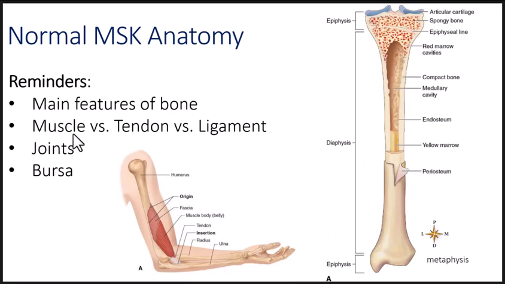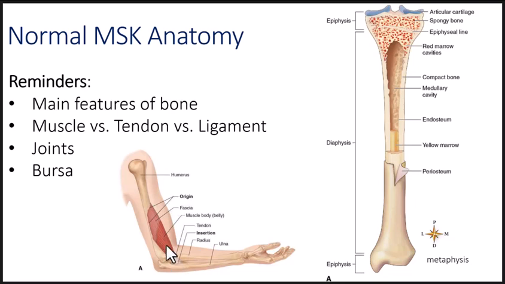Remember the difference between muscle, tendon, and ligament. In this example here, this is the brachialis muscle. This is the muscle itself, which is attached to a bone through a tendon. And so we can see the tendon very clearly here, and it crosses over a joint, which allows for that joint to move because the forearm, when this muscle contracts, will be pulled in an upward direction.